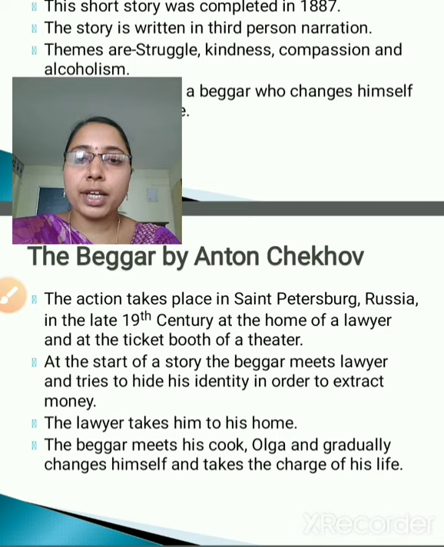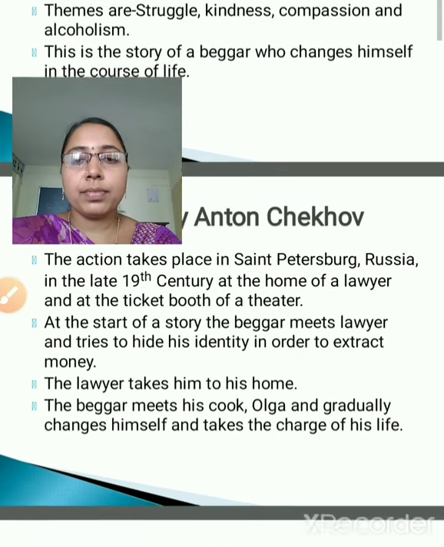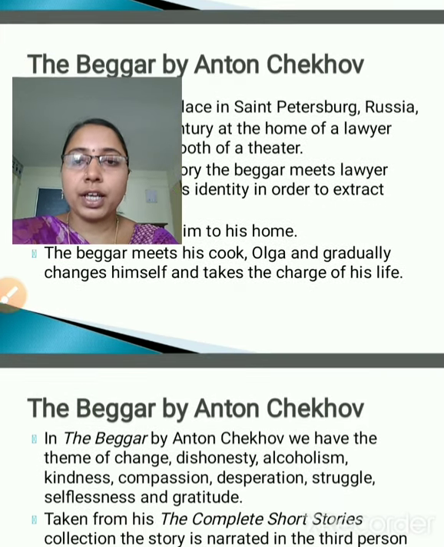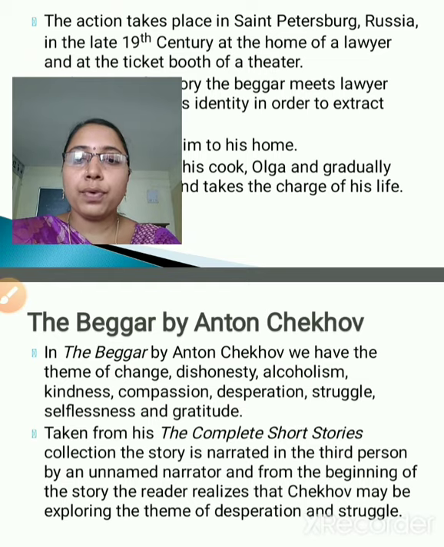Now there are three characters: the beggar, the lawyer, and the cook Olga, and these are the three important characters of the story. In the beggar we have the themes of change, dishonesty, alcoholism, kindness, compassion, desperation, struggle, selflessness, and gratitude.